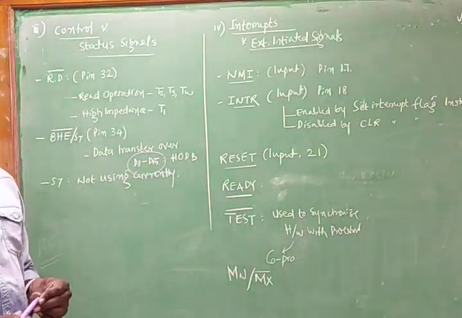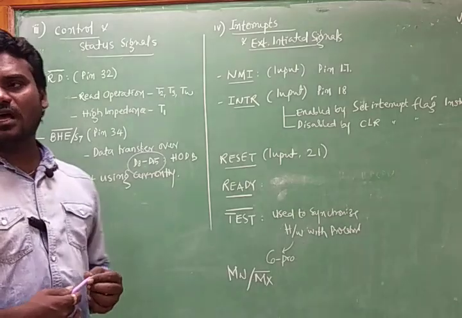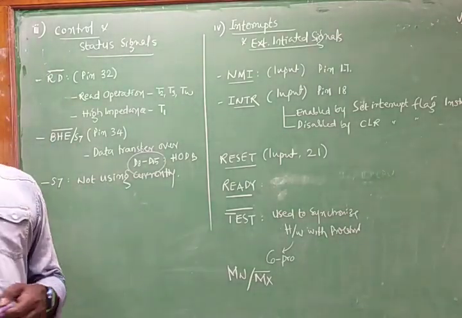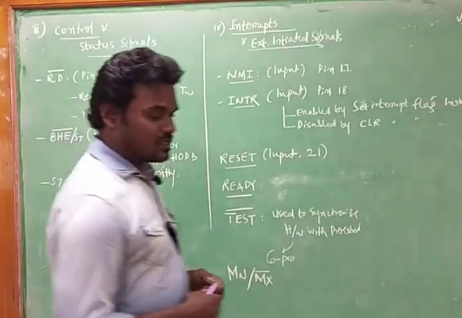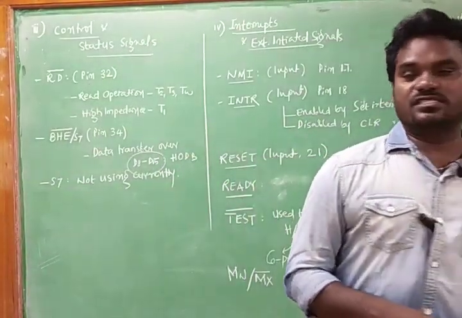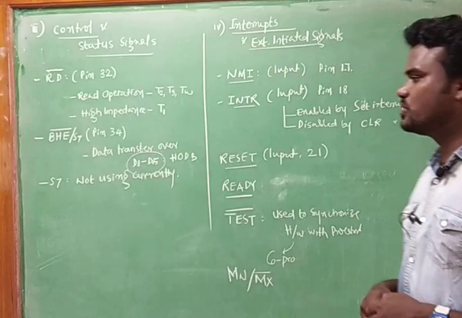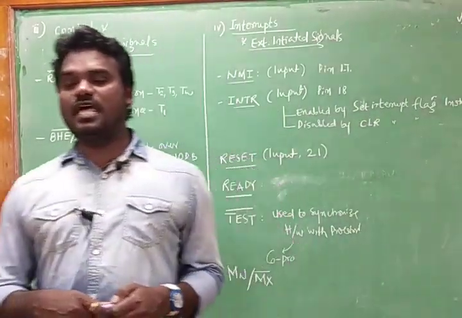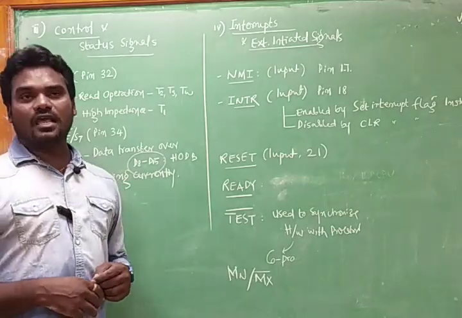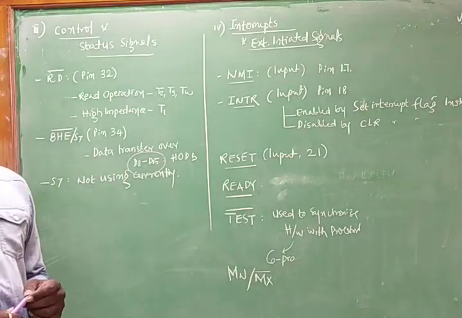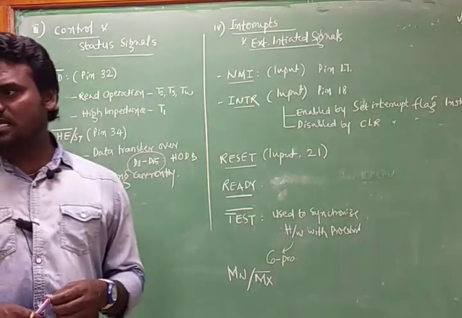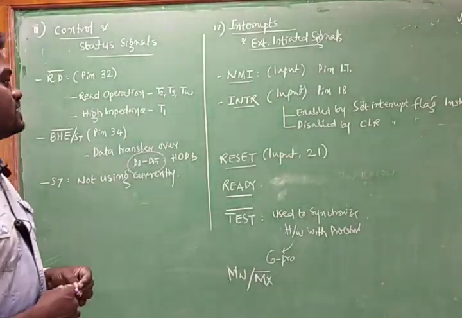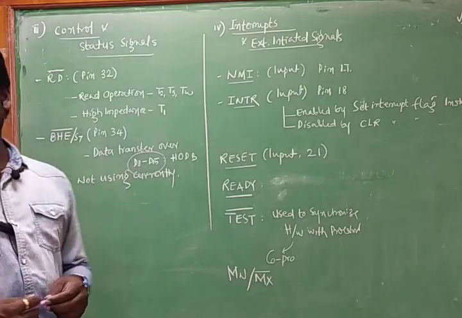That means the same bus can carry the address information, and the same bus will carry the status information. The status bus has S2 to S6, and S2 and S3 define which segment register is being used by the processor, like the code segment register, extra segment register, data segment register, and so on.